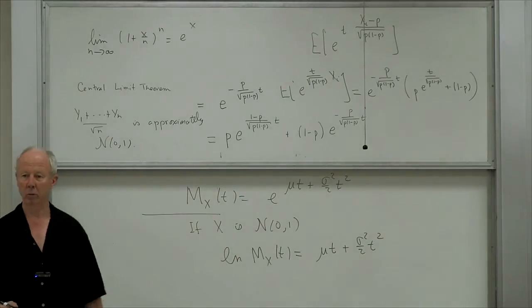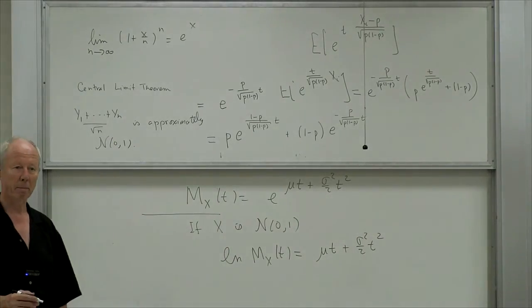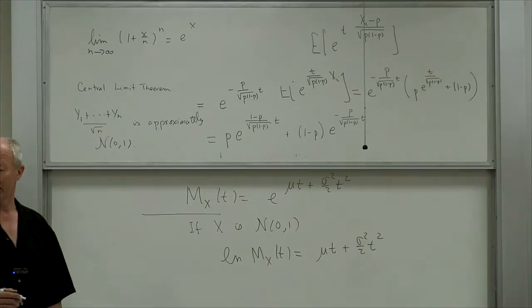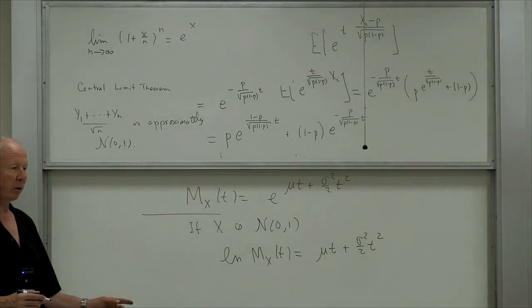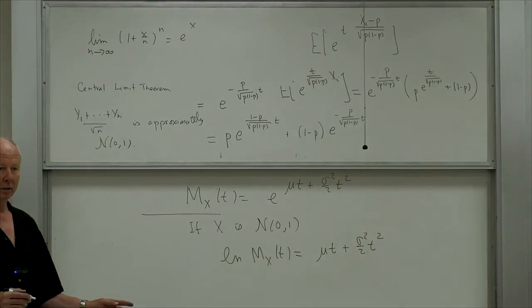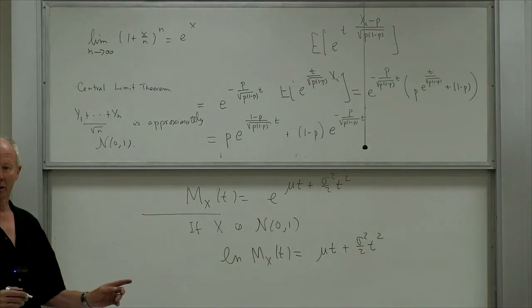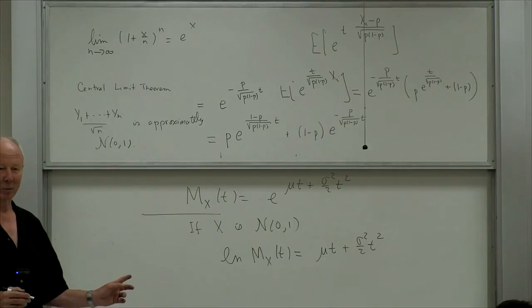You differentiate it twice. What do you get when you differentiate that twice? First time you get mu plus sigma squared t, right? Second time you get sigma squared. What's the value of that when t is 0? Sigma squared. So the variance of a normal is sigma squared.